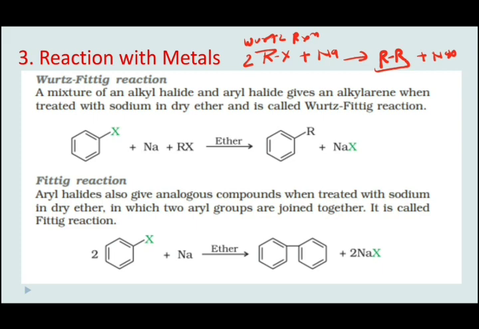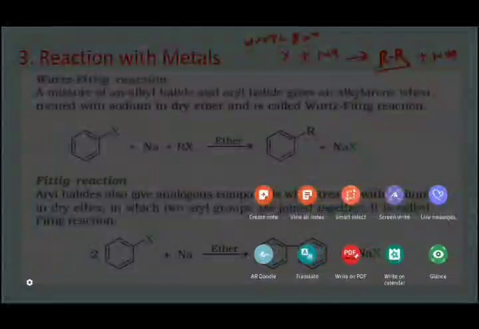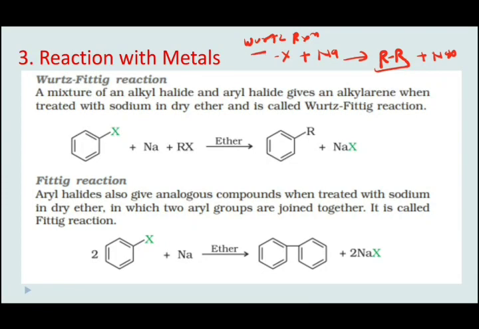Now if we carry out the same reaction by taking an aryl halide, what will we get here? We will get a dimerized phenyl ring. So this reaction is very similar to Wurtz reaction.